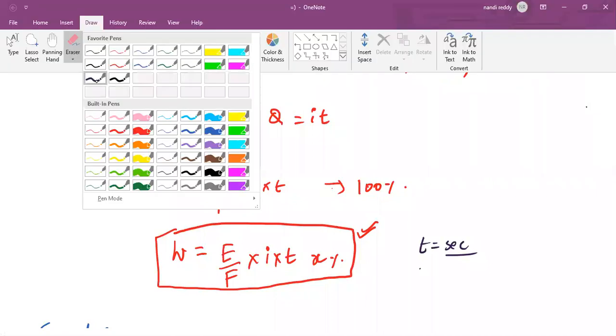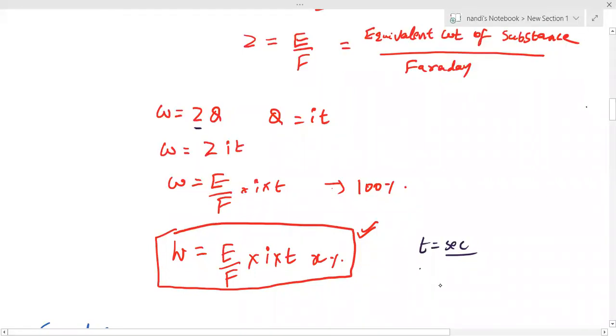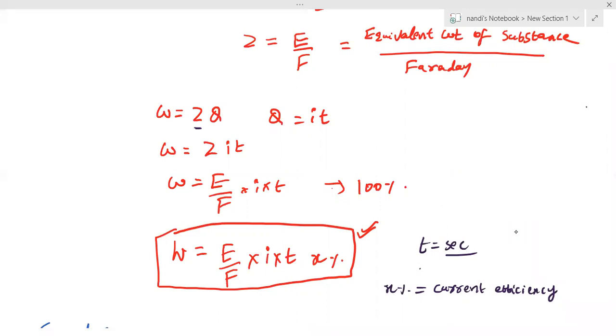I wrote X percent. X percentage means current efficiency, sir. Please write: X percent equal to current efficiency. If they are not talking about current efficiency, then X equals 100%, meaning you can use X equal to 1.